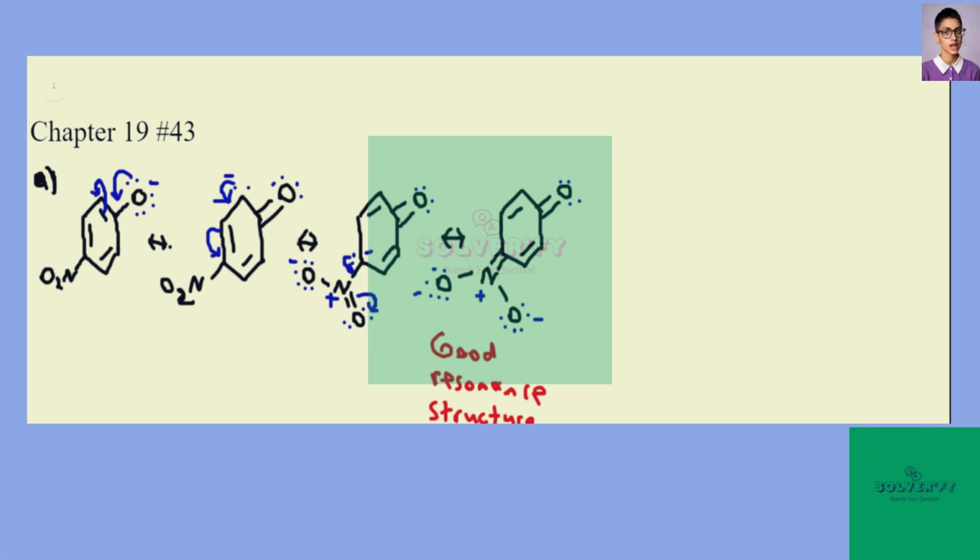So this is a very strong resonance structure that is unique to para-nitrophenol, at least when we're comparing para-nitrophenol and just regular phenol. Since this very good resonance structure exists, it helps to stabilize the conjugate base. And we should remember that the more stable a conjugate base, the stronger the acid. So this is the explanation for why para-nitrophenol has a lower pKa than just phenol.